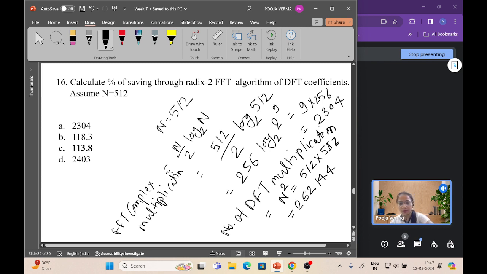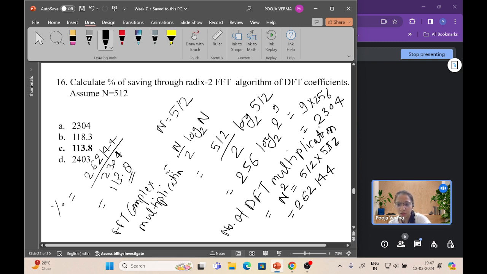So how do we calculate the percentage of saving in the FFT corresponding to the DFT algorithm? The percentage of saving we will get: total number of multiplications in DFT, that is 262,144, divided by total number of multiplications in FFT required, that is 2304, right? If you divide this, you will get 113.8.